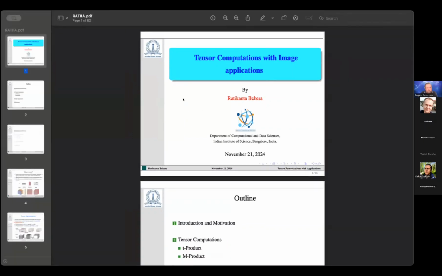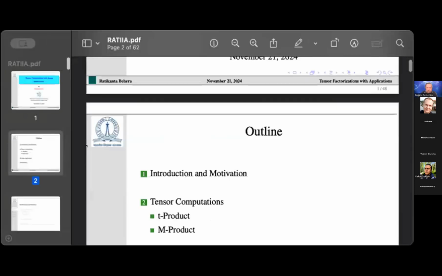So the title of my talk is Tensor Computations with Image Applications. Specifically in this talk, is it audible properly? Sorry. Is it audible properly? Yes.